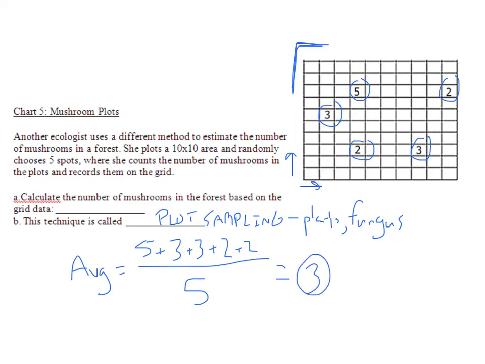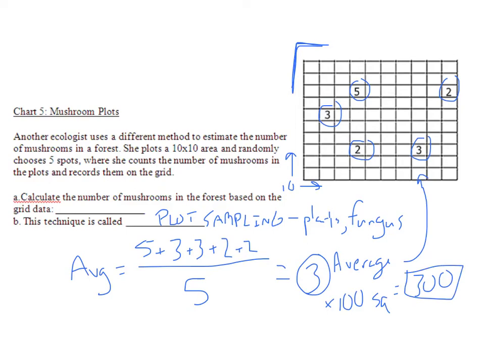So on average there are 3 mushrooms in each of these squares. And if we've got a 10 by 10 grid, that means there's 100 squares. So we would take 3 times 100 squares, and we would estimate that we've got 300 mushrooms in this plot.